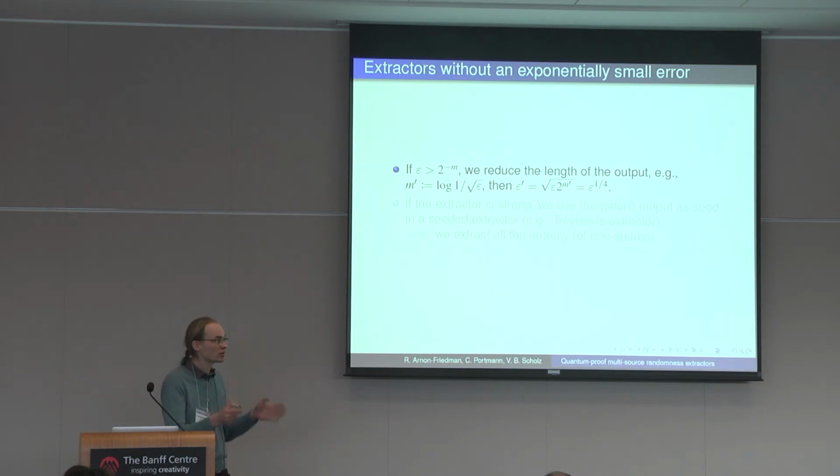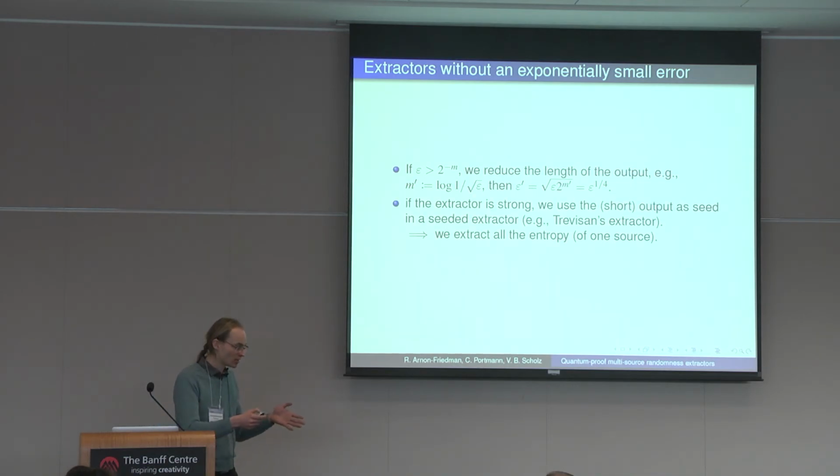What we do is shrink the output, because our blow-up depends on the output length, so we just output less. For example, if we pick an output m prime which has this length and plug that in here, we will still get roughly the same error, but of course a shorter output than the original extractor. But this is still very nice, because if you get a short output, you still have a uniform output.